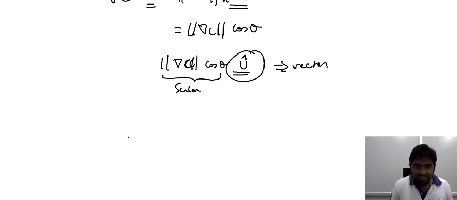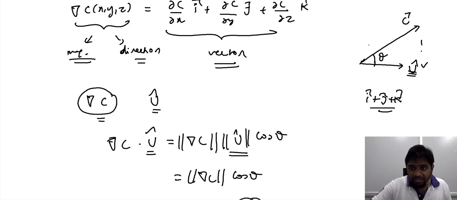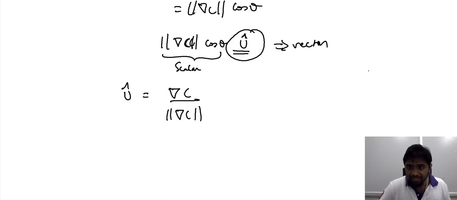If I replace the unit vector with the direction of the gradient C, it means the gradient C divided by the norm of gradient C. So this will give me a unit vector that is along the direction of the gradient C. So I have a gradient C vector, and this gradient C vector is pointing in this direction.